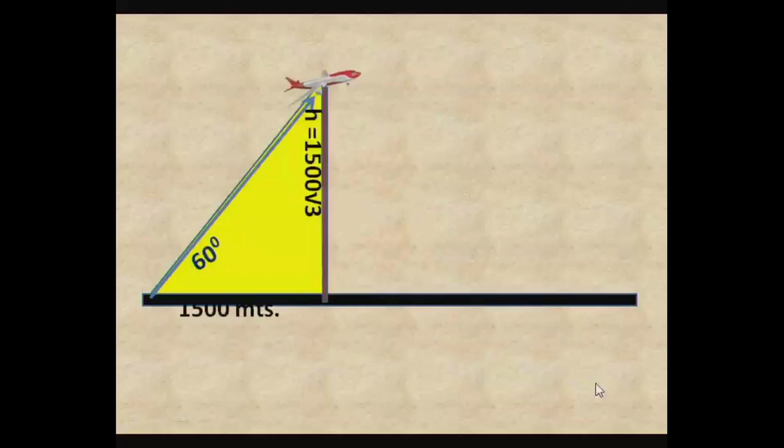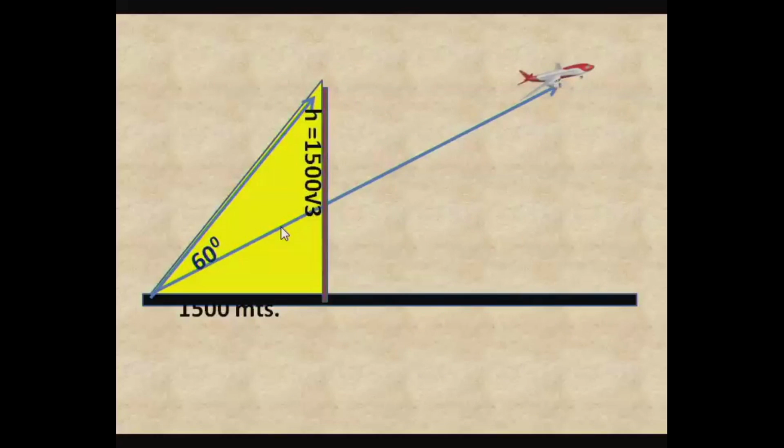Now, next, this plane in 15 seconds has travelled from the same place, and the angle of elevation changed from 60 degrees to 30 degrees, but the height does not change. This is 1500 root 3 meters only.